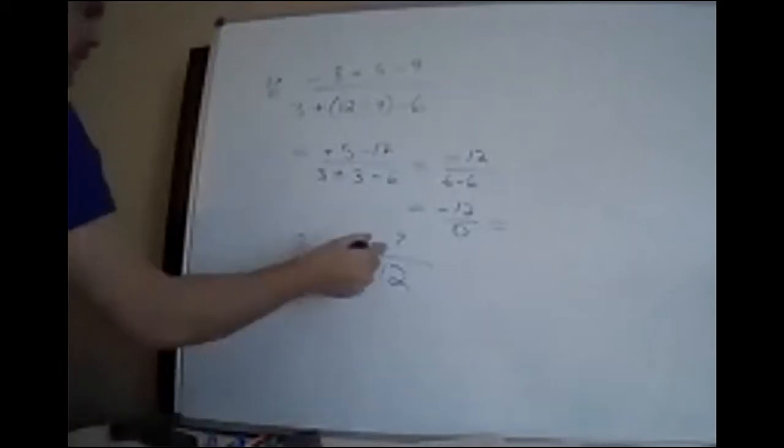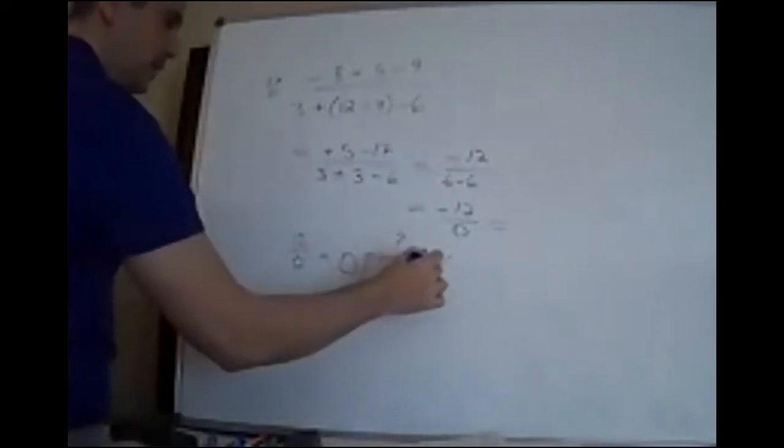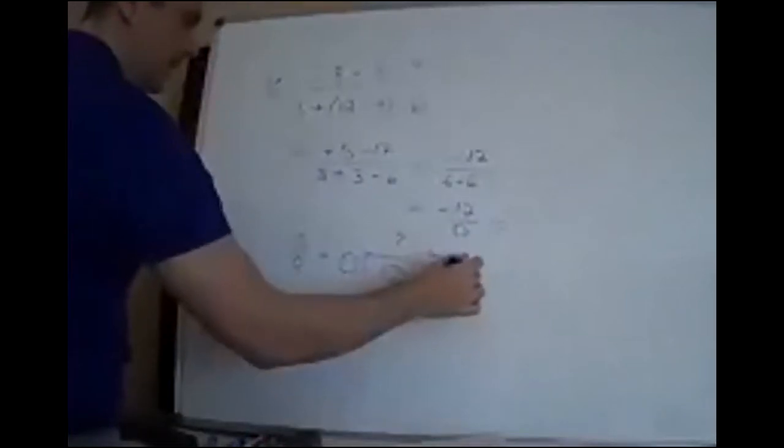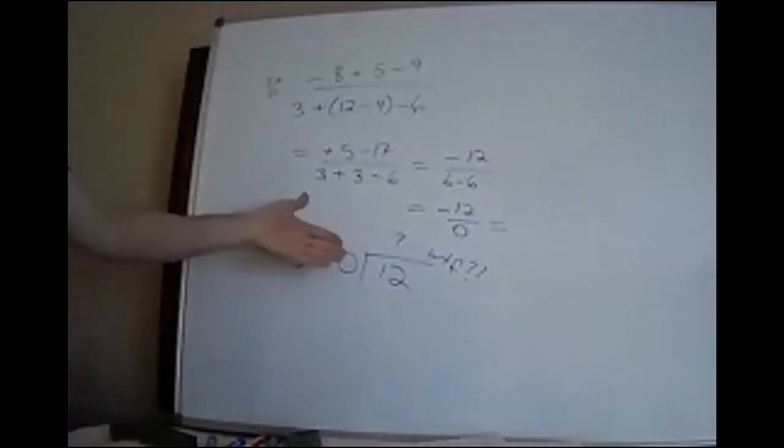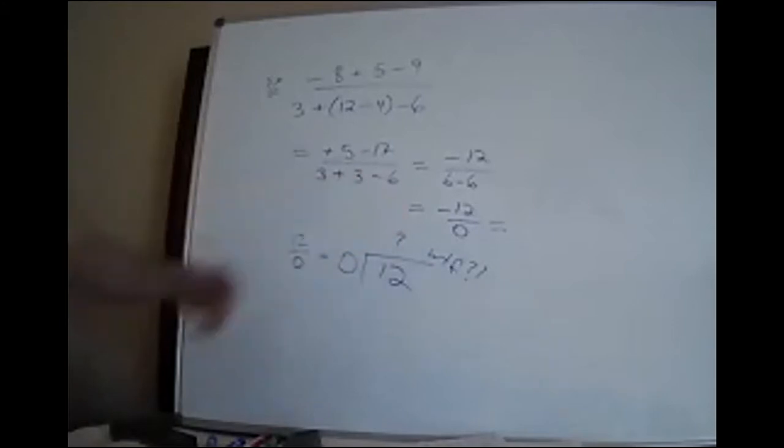No. Can you even do this? Can you multiply something by 0 and make 12? Think for a second how silly that is. I'm trying to look at this and see what's there. Yeah, this is nonsense. You can't do this.